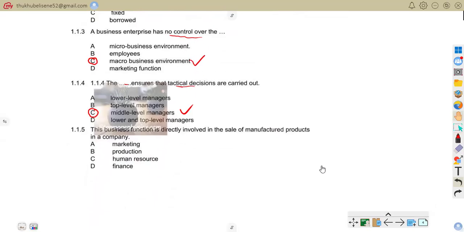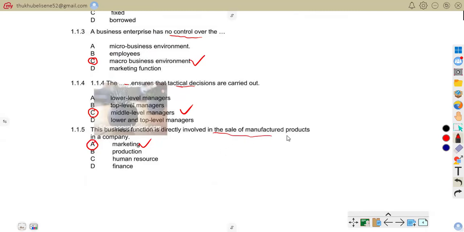So 1.15, the last one, says the business function directly involved in the sales of manufactured products in a company. We're given marketing, production, human resource, and finance. The correct answer is marketing. The marketing function is involved in the sale of products.